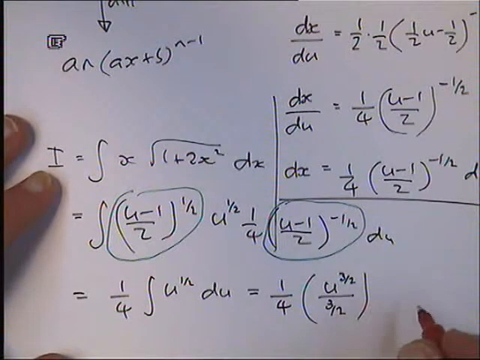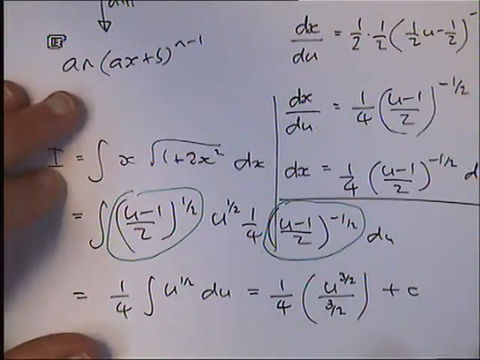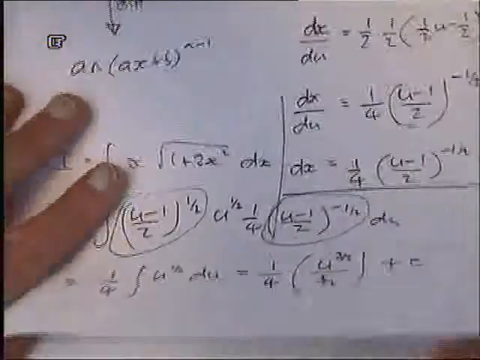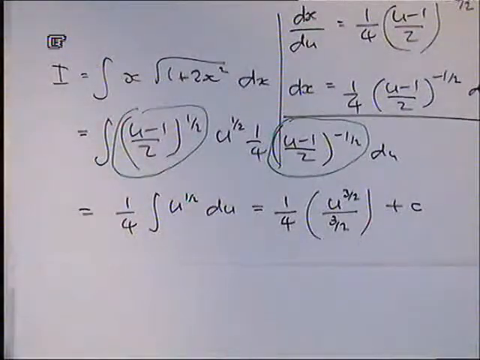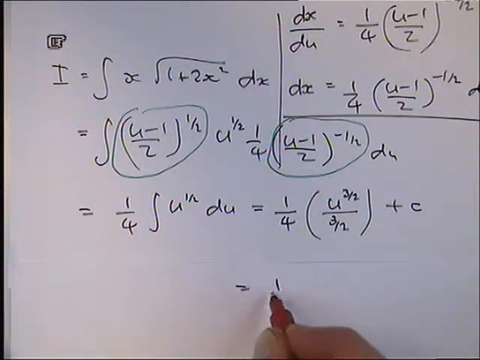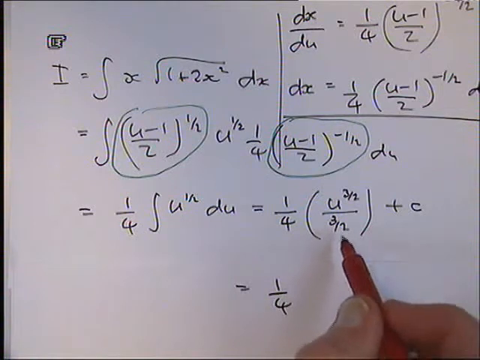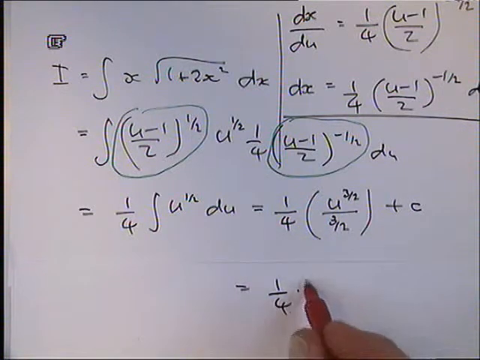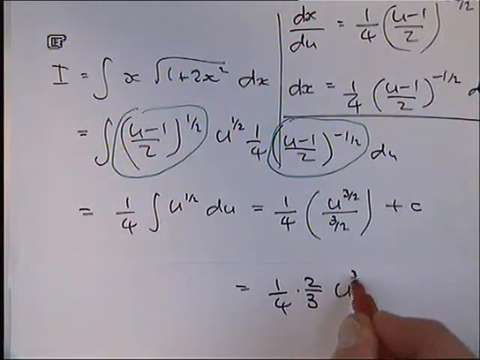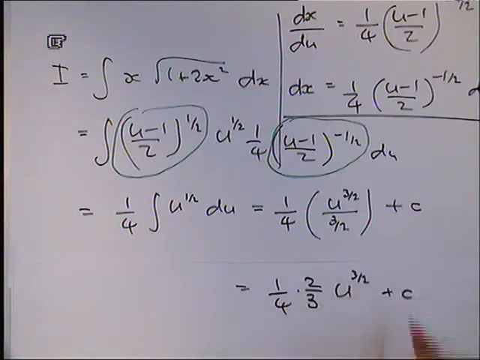What should I do? Put a plus c on. Yeah, okay. Nothing wrong with what you said there, but okay. Dividing by 3 over 2 is the same as timesing by 2/3. So that quarter there, instead of dividing by 3 over 2, I could times that by 2/3. And then I've got my u to the power of 3 over 2 plus c.